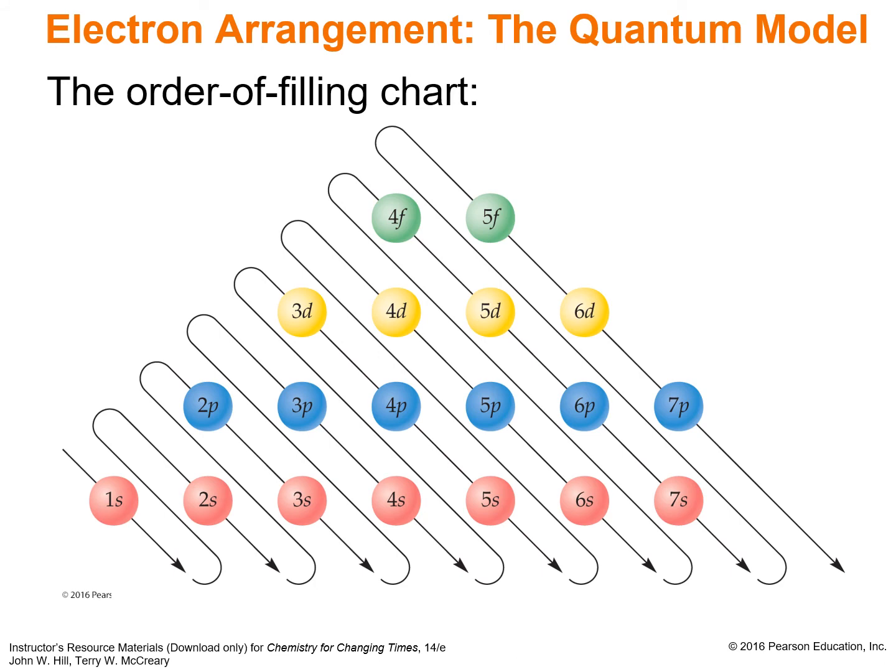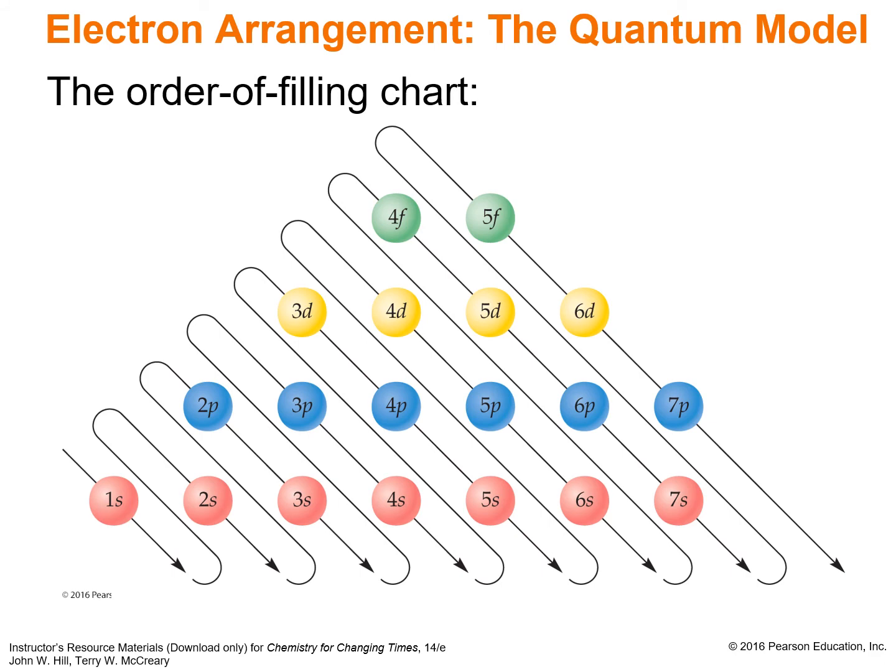3p, 4s, and then something changes. After 4s, there is 3d, and then there is 4p, 5s, and after 5s comes 4d, and then 5p, 6s, and then the f orbitals come into place.